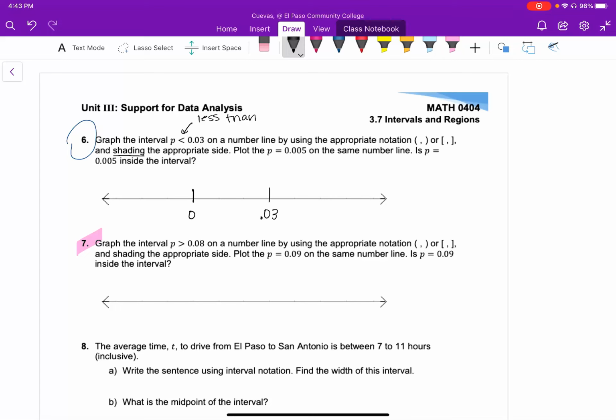Remember that I'm not being very specific about the space, but I am being reasonable that it has to be to the right. So we have that our P is less than this. What values are less than 0.03? Anything this way, right? Less. So let's go ahead and use our line this way.